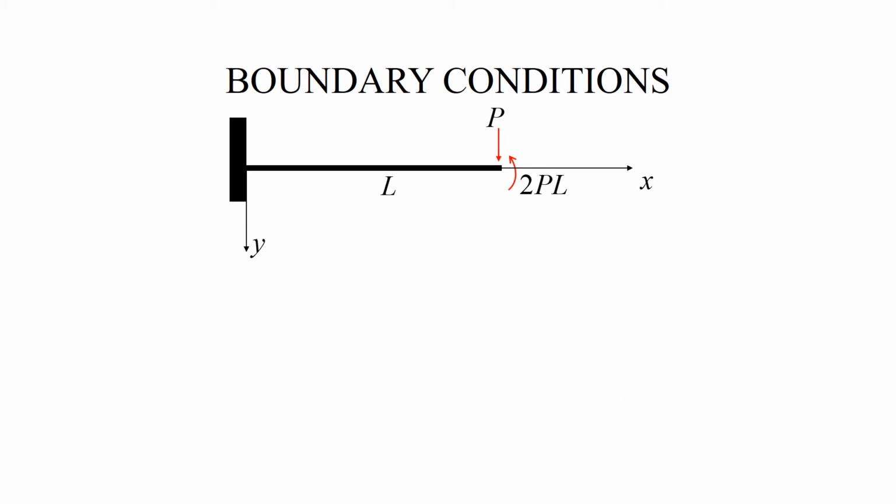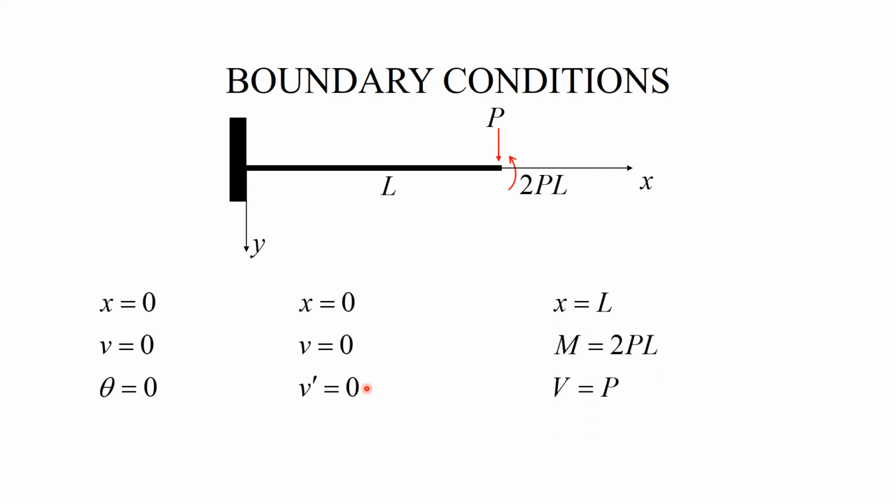Now, let us translate the physical boundary conditions into mathematical ones. So at x equal to 0, the physical conditions are v equal to 0 and theta equal to 0. This translates into the conditions v is equal to 0 and v prime equal to 0.